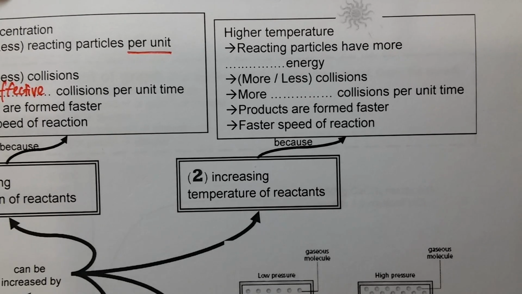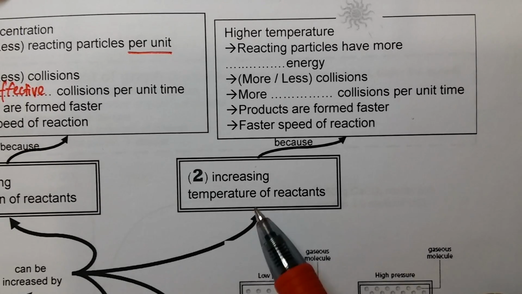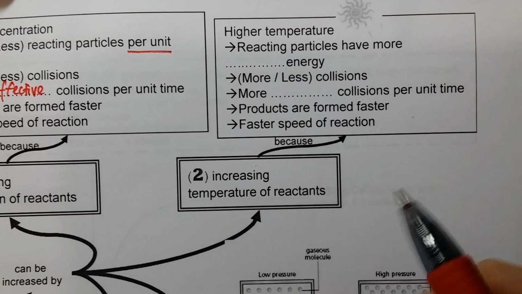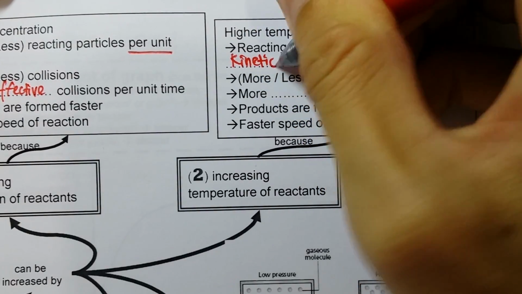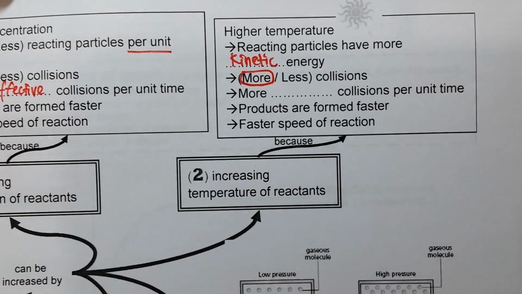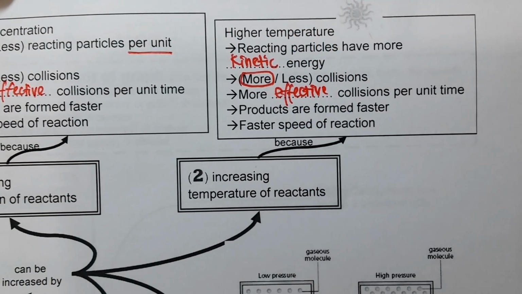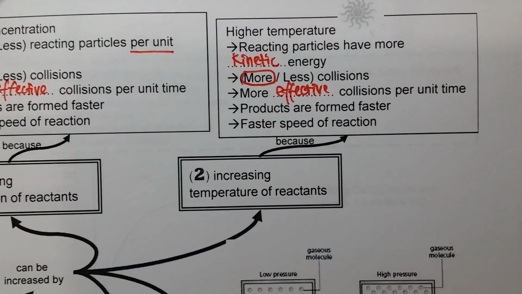Heating the reaction mixture is actually equivalent to increasing the temperature. Higher temperature means the reacting particles have more kinetic energy. More kinetic energy, of course, means more collisions. More collisions, of course, means more effective collisions. Products are formed faster and hence faster speed of reaction.